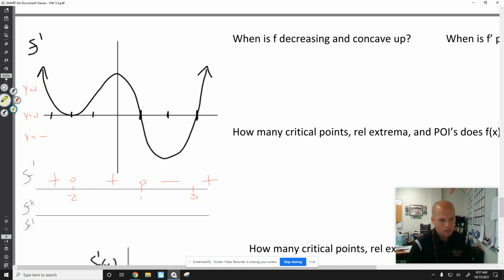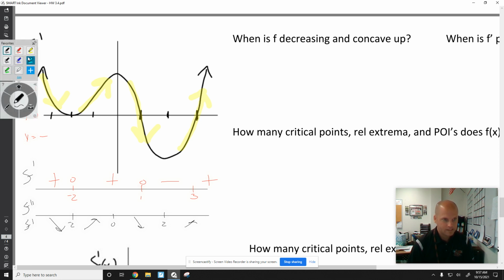F prime is going down, going up, going down, going up, going down, going up until 0. It went down until negative 2. Going down until 2. Going up after that.